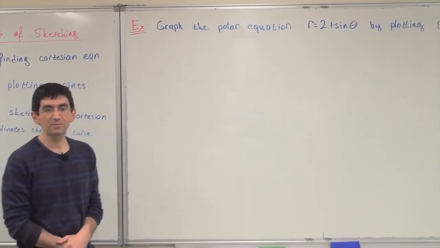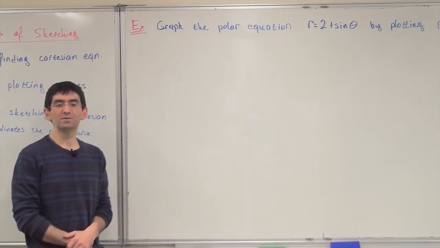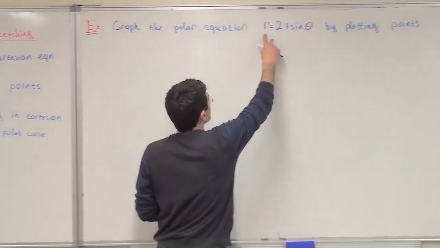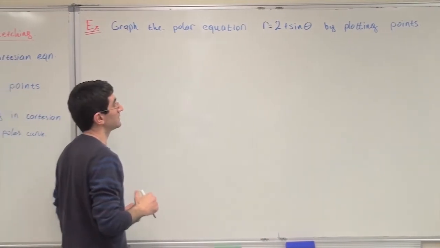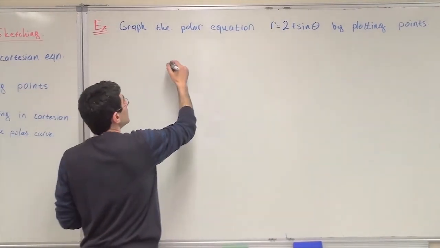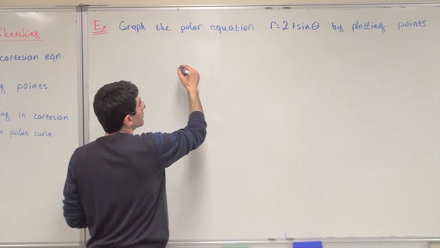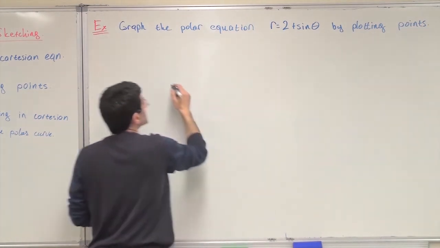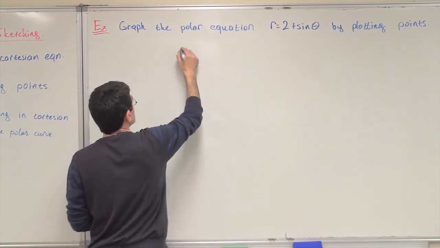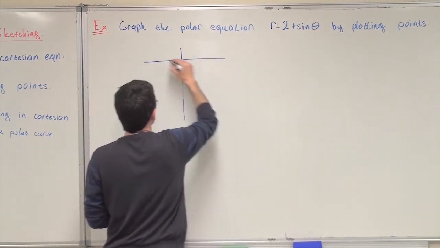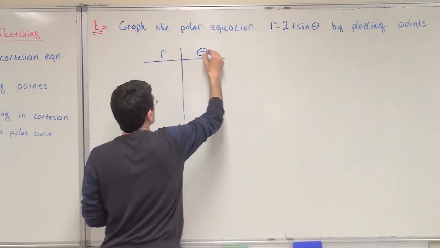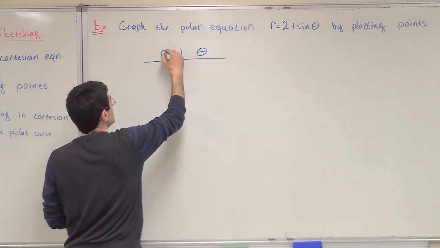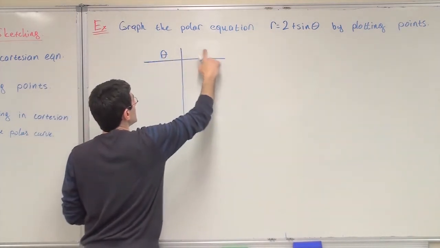In this exercise, we are going to illustrate the second method of sketching polar curves. We are given the polar equation r equals 2 sine theta. And to sketch this equation, we need to calculate some points on this polar equation. And to do that, we create a table.